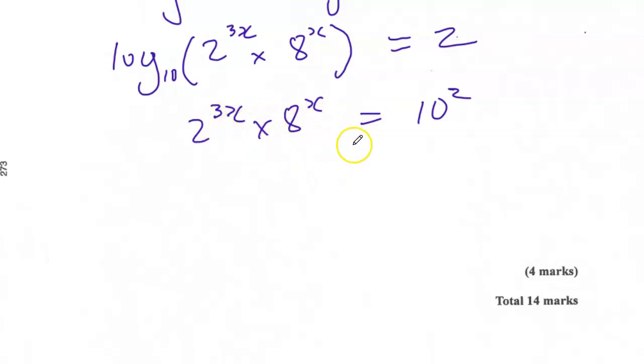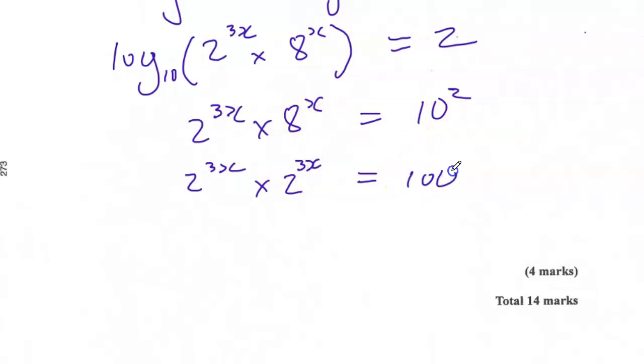We can rewrite with the same base. So 2 to the power of 3x, rewrite 8. Now 8 is 2 to the power of 3, right? So 2 to the power of 3, and then times x here.